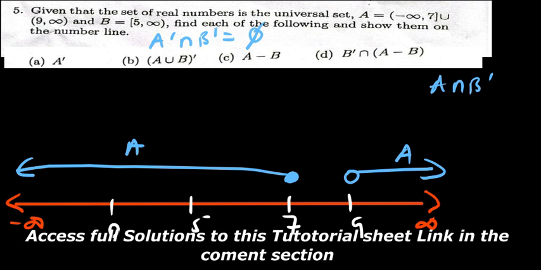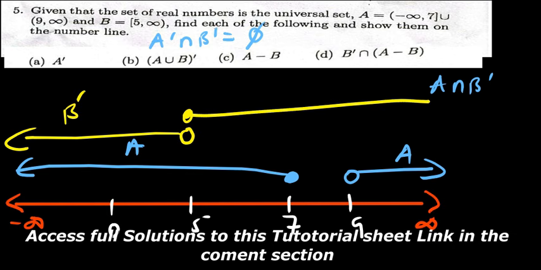So we go ahead and also talk about B complement. B itself is 5 to positive infinity, 5 from here going there, but complement means starting from here, not included, to negative infinity. That is B complement, because from here all the way to that point it is my B, so I don't want that point. I want where these two intersect, so it is here.